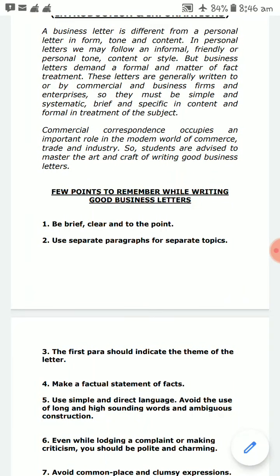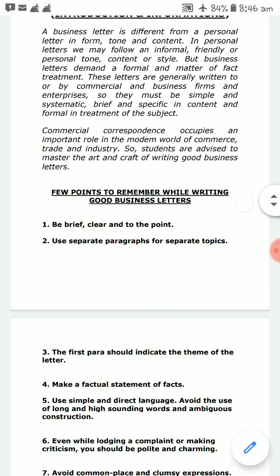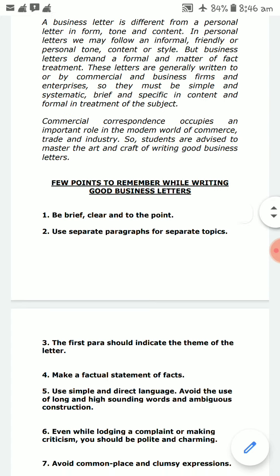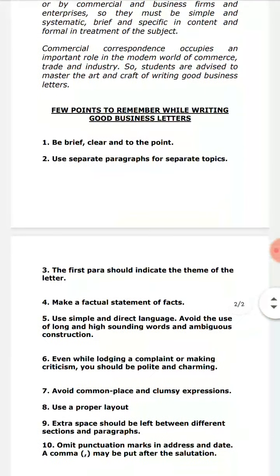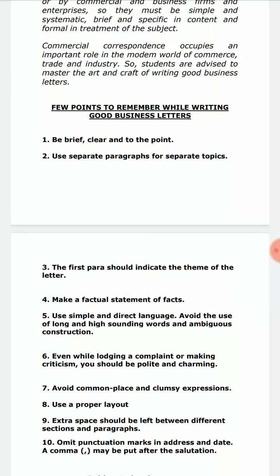Now, you have to remember some points. These points are very important while you write a business letter. So, let me highlight those points. Point number one, be brief, clear and to the point. While you are writing a business letter, keep in mind that you have to be very clear, very brief and to the point.